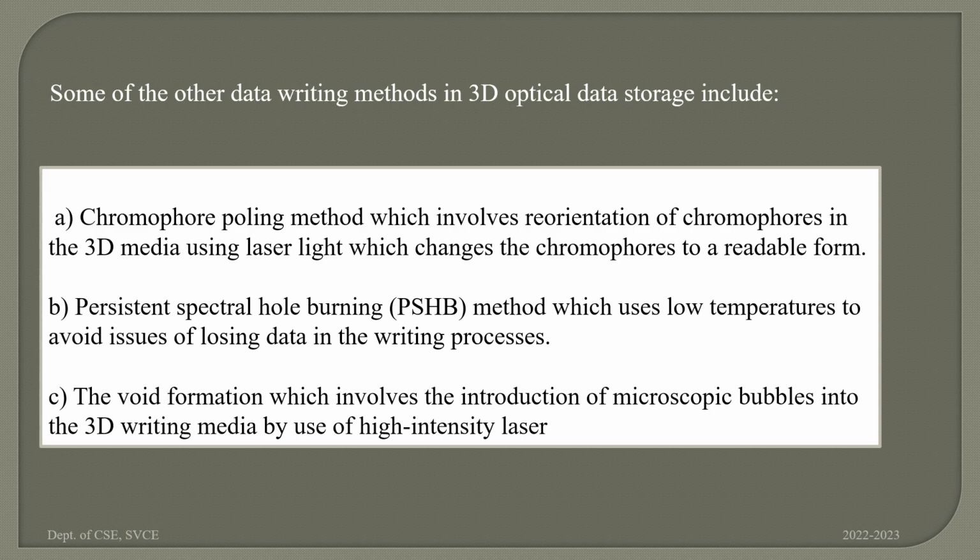Then there is persistent spectral hole burning, also called the PSHB method, which uses low temperatures to avoid issues of losing data in the writing process. The void formation method involves the introduction of microscopic bubbles into the 3D writing media by use of a high intensity laser. Now we will move to the next slide.